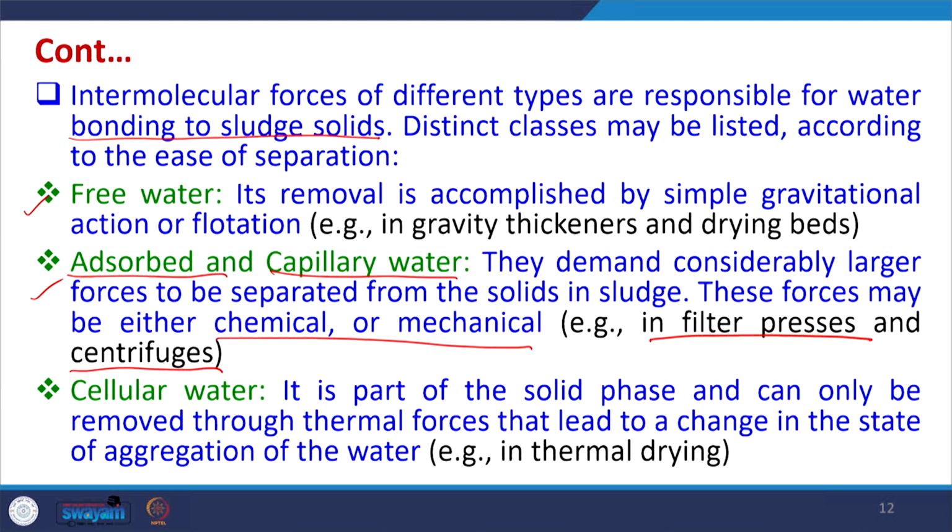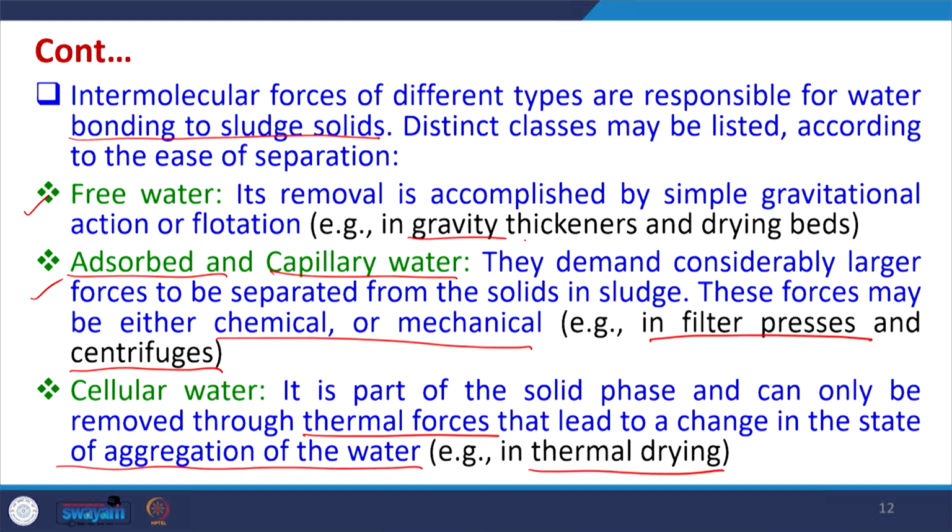Then the cellular water is a part of the solid phase and can only be removed through thermal forces that lead to a change in the state of aggregation of the water. So, for this we have to use thermal drying. Depending upon what type of water is present in the sludge, we use different methods for removing water.